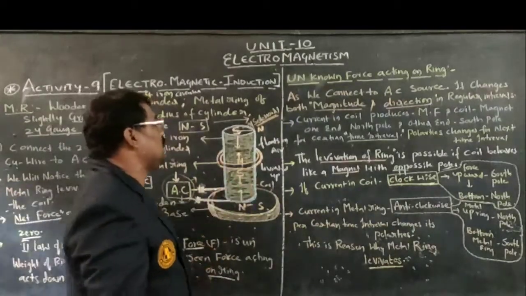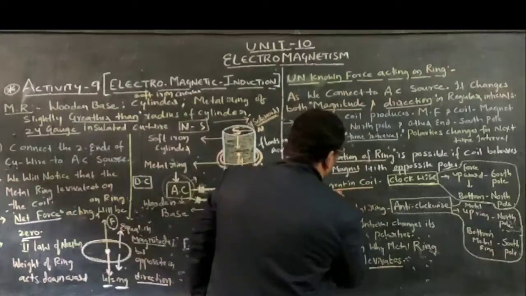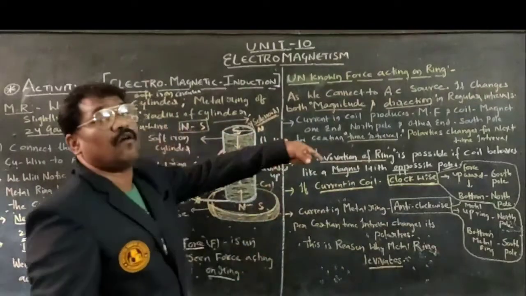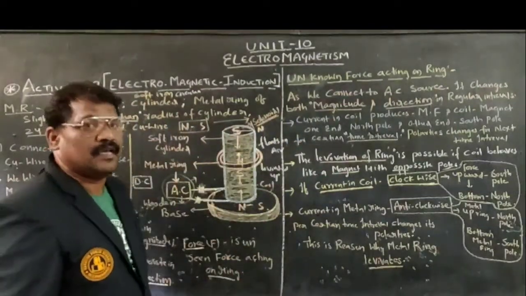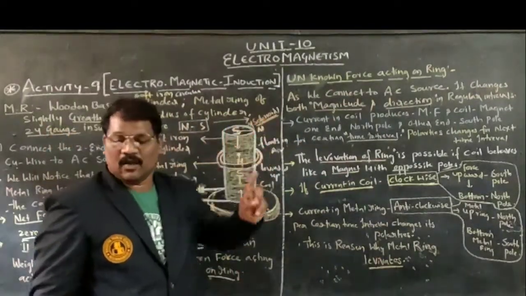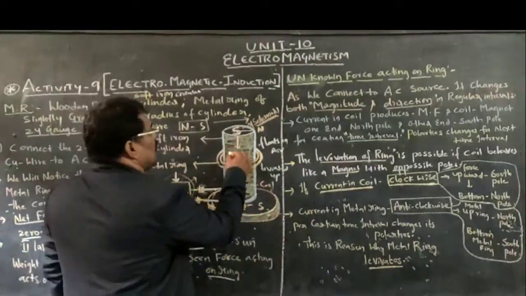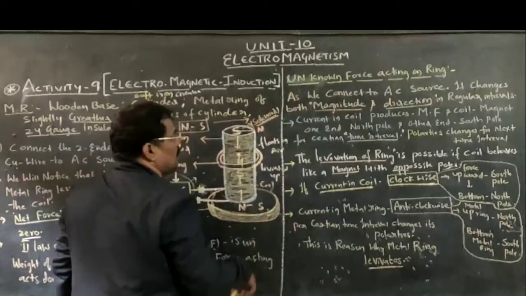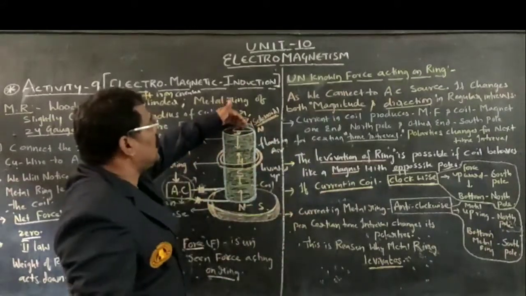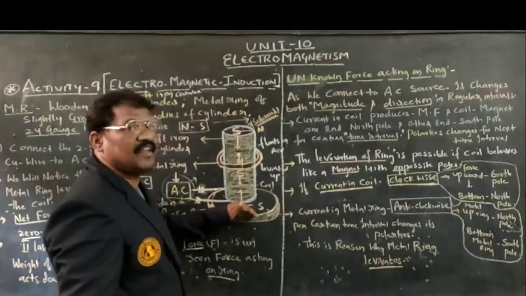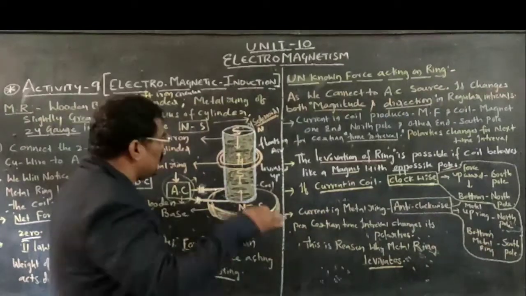If the current in the coil or solenoid is in the clockwise direction, that particular point we have to keep in our mind. When the current flowing in the coil is clockwise, the up surface is acting like a south pole, the bottom surface is acting like a north pole.